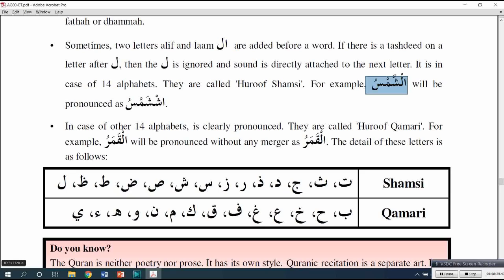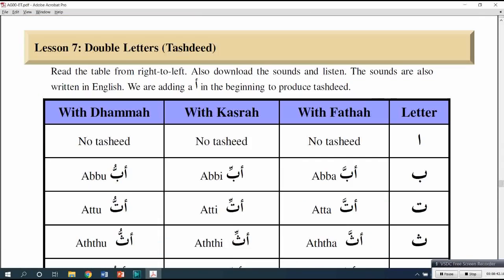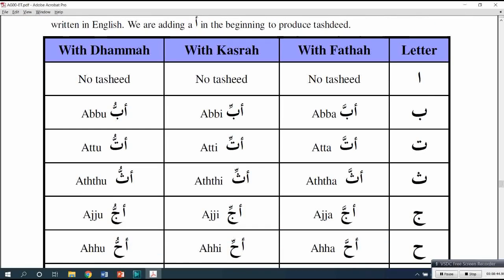So give this practice for yourself. Like see these words: abba, abbi, abbu, with fatha, kasra and dhamma. So you try in that way. Atta, atti, attu, assa, assi, assu, ajja, ajji, ajju, aha, ahi, ahu.